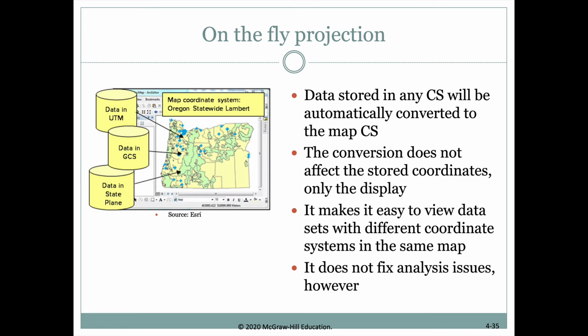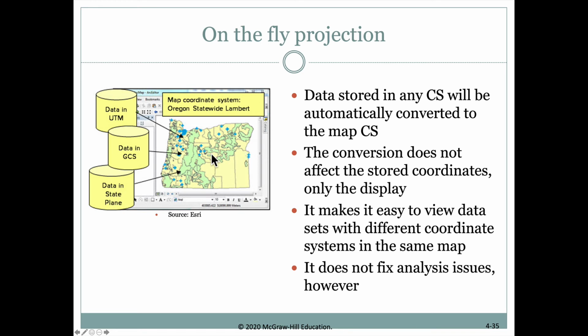And this kind of leads to the question, well, if we have geographic coordinates and we have a map that's not in geographic coordinates, how does that all work? So in this example here, we might be displaying three different data layers on the map: data in geographic coordinate systems, data in UTM, and maybe data in state plane coordinate systems.